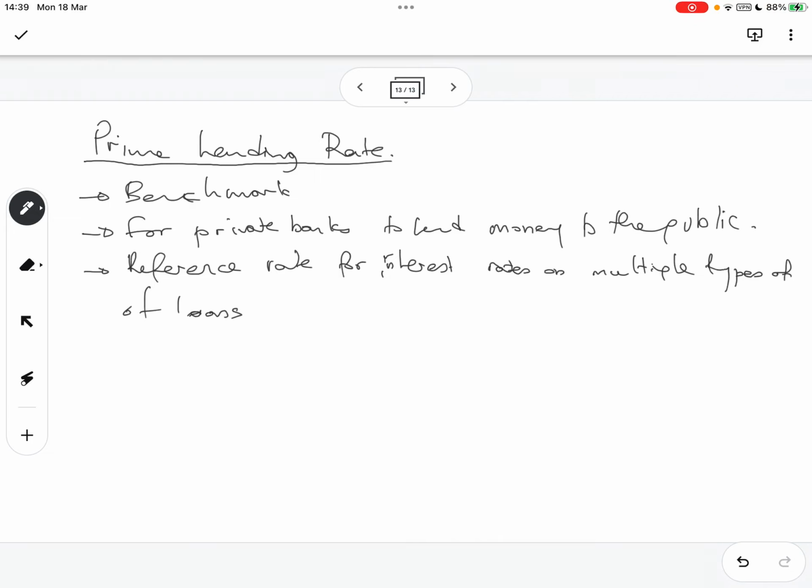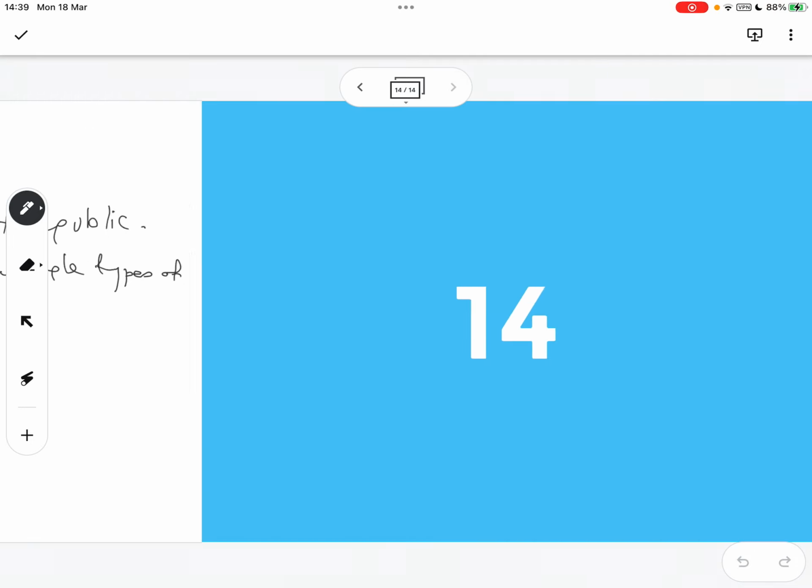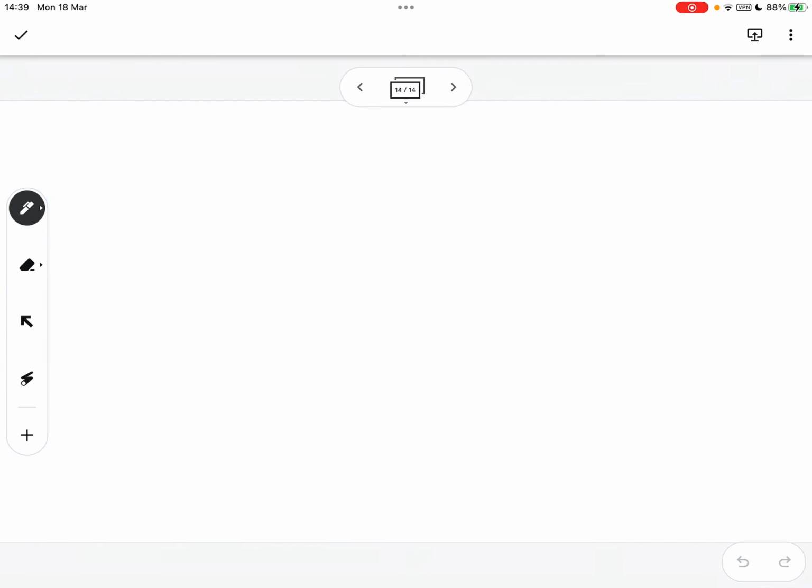For calculations in this chapter, we'll assume the prime lending rate is 8.5%. So assume prime lending rate is 8.5%. Remember, it is the benchmark rate at which private banks lend out money to the public.